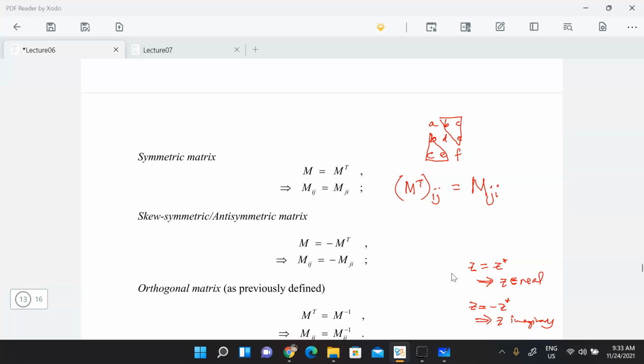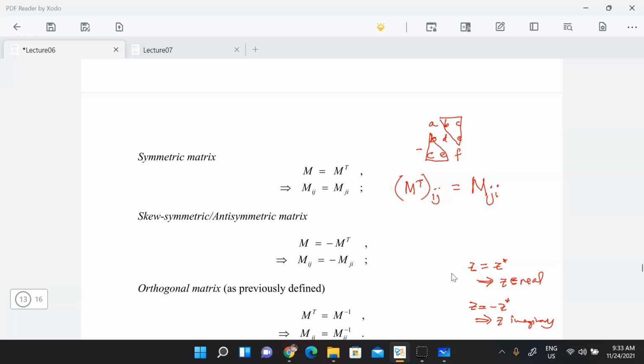And what we have in this particular case is the relationship M_ij equals minus M_ji. Okay, so in other words, over here, for example, if I have this B, C, E here, then down here will be a minus sign. Okay, and what about here?